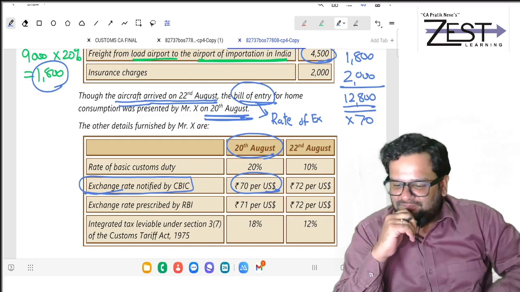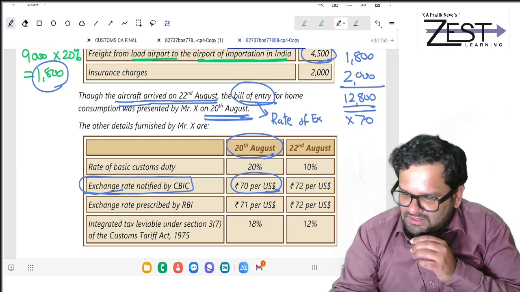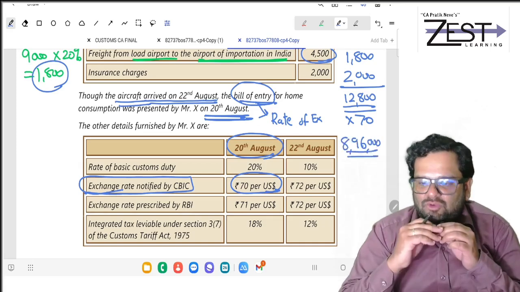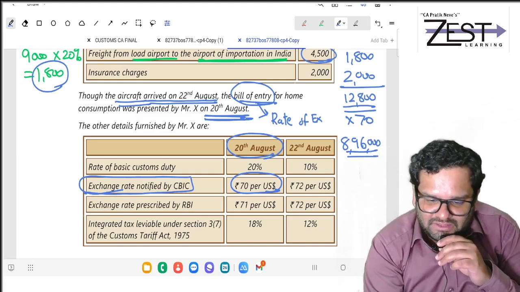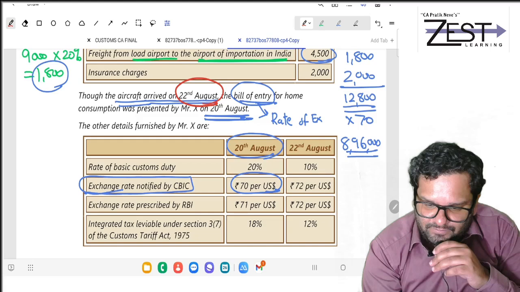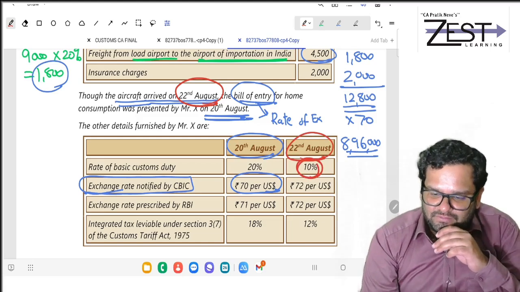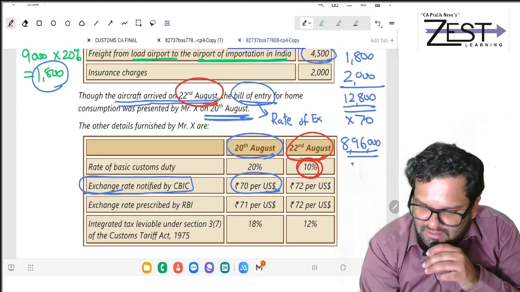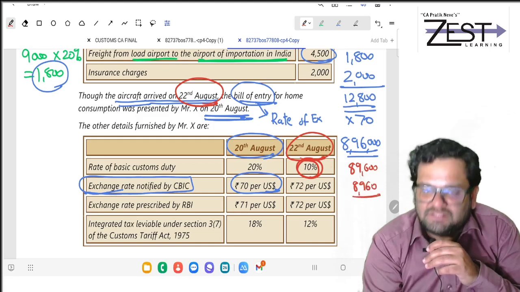So what is your assessable value? 12,800 into 70, your assessable value is 8,96,000. Now you have to pick up the rate of duties. You will take the rate of duty as on the date whichever is later, so 22nd August's rate of duty. It is 10%, so basic custom duty will be 89,600. SWS will be 8,960.